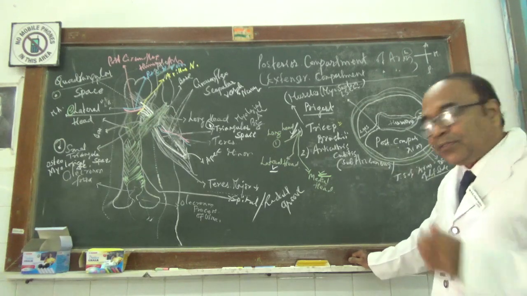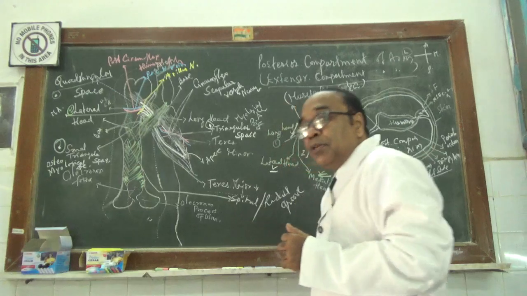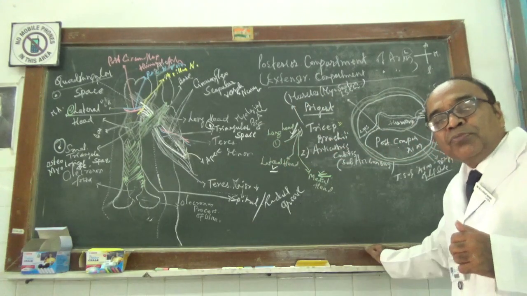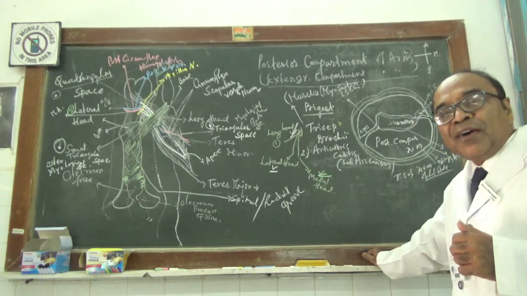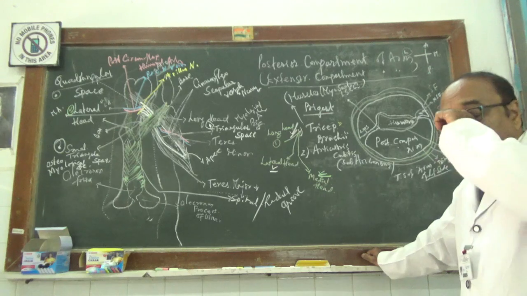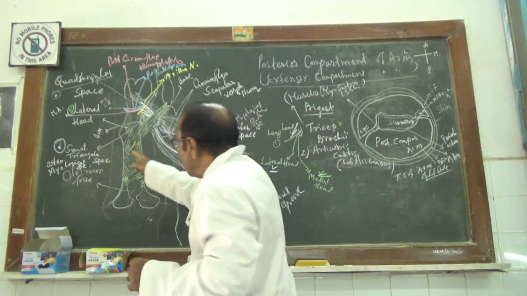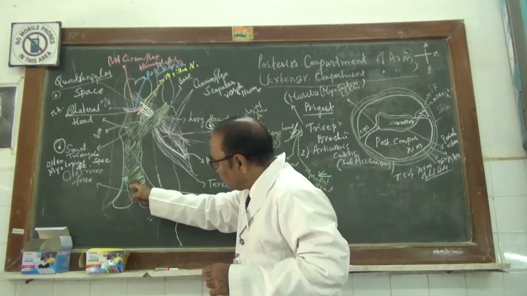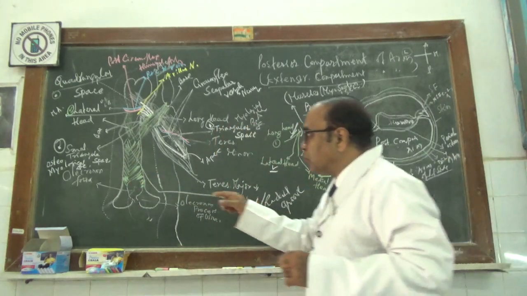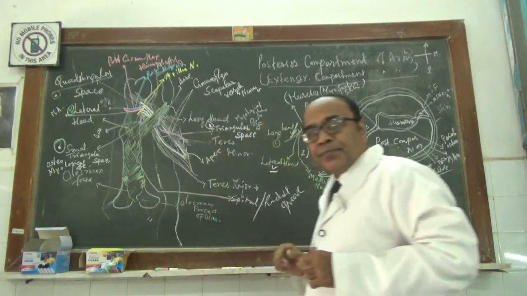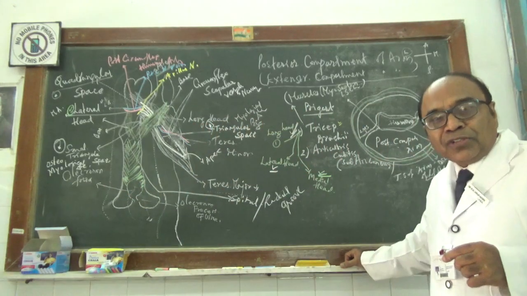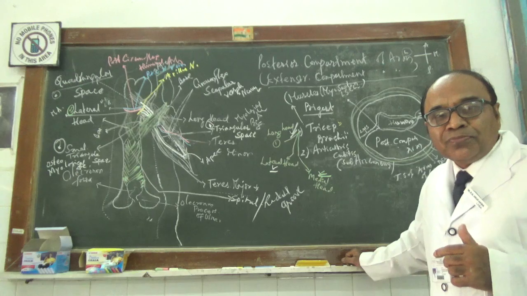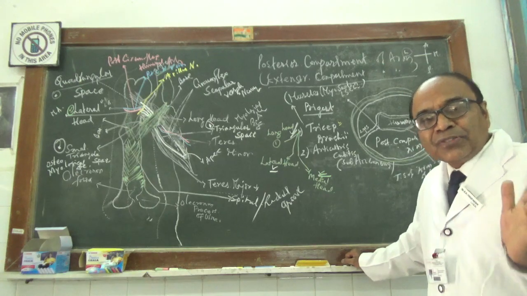Apart from that, the major origin of the medial head is the posterior surface of the shaft of the humerus below and medial to the spiral groove, up to the olecranon fossa, the entire circumference of which it takes origin from.